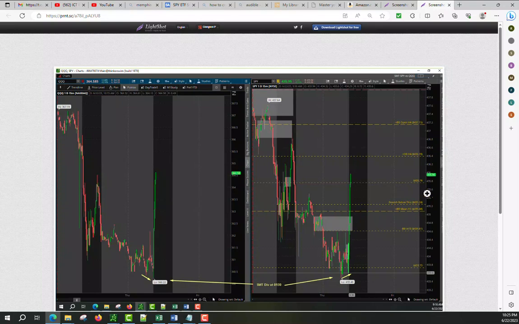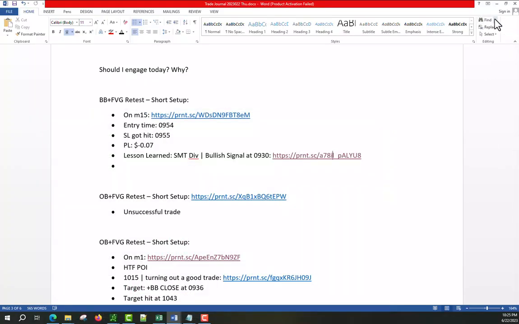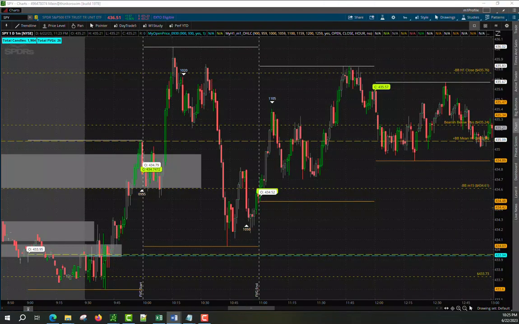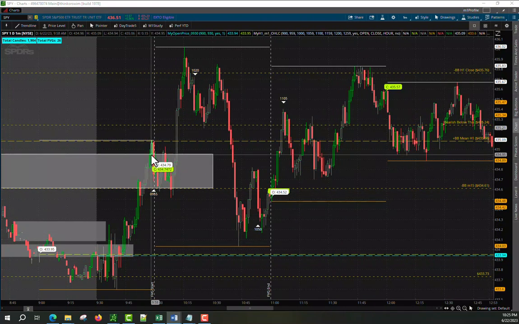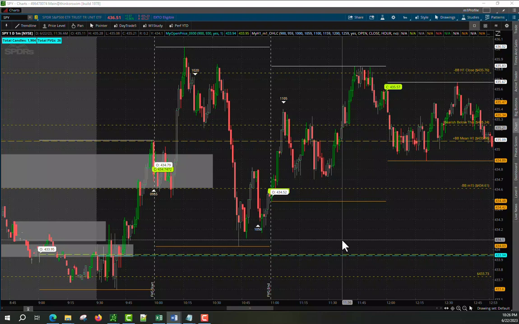That means we need to go long on the SPY right there. That's clearly a bullish signal, so we should reconsider our bearish sentiment, or bias, right there. But anyway, we learn from our mistakes. So next time if we engage a short, we need to look at the smart money divergence to give us another area of confluence right here.